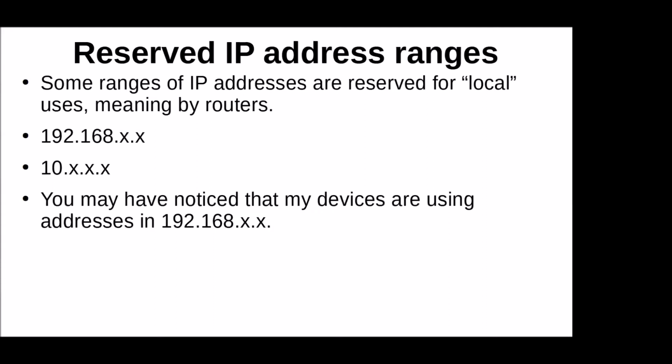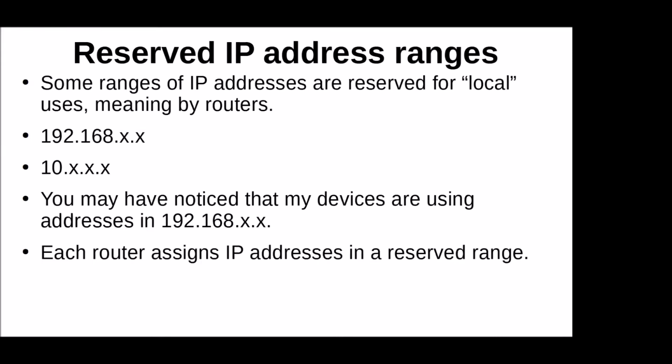As I mentioned, my router assigns those addresses in the 192.168 reserved range. And each router does that, regardless of brand. That's how they're set up to do. Now, having said that, you can see that any one router could have a tremendous range of possible addresses that it serves as local or internal addresses.